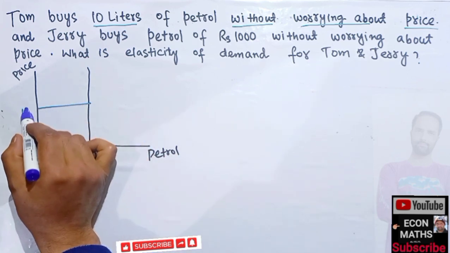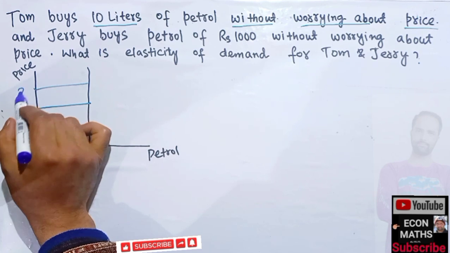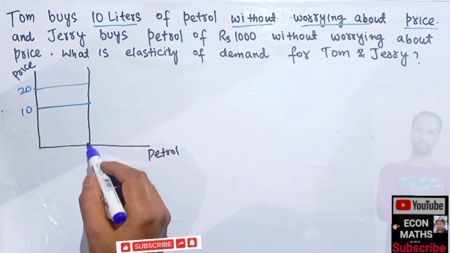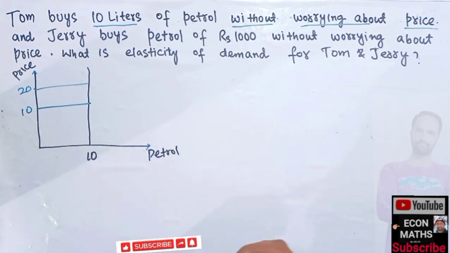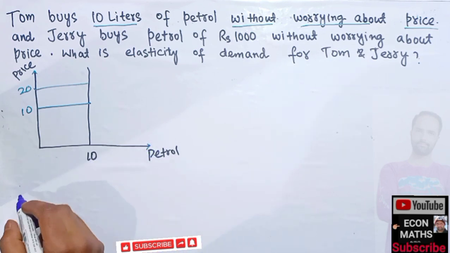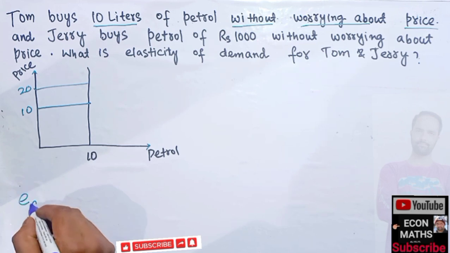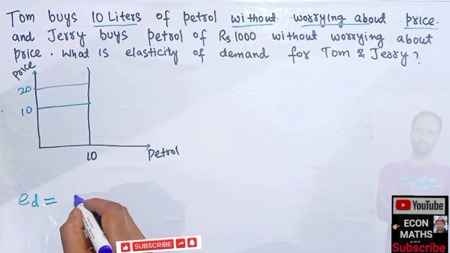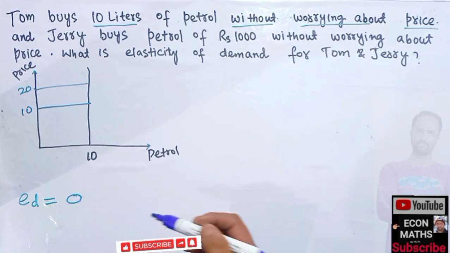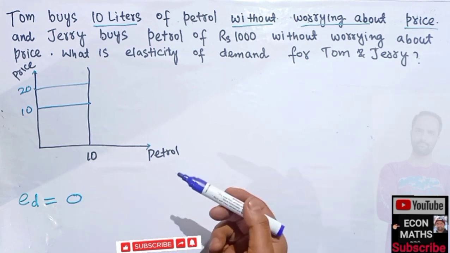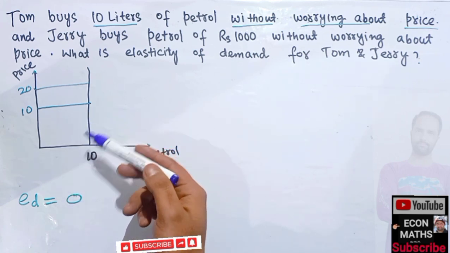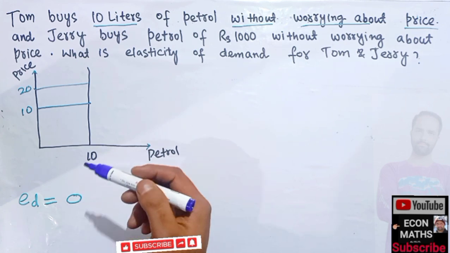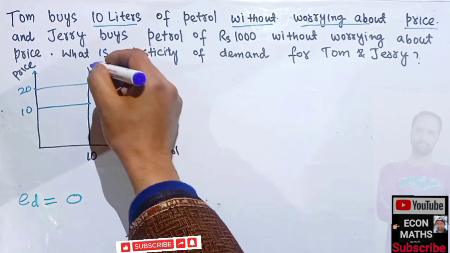Let us say price is 10, here price is 20. Any change in price, if Tom buys the same amount of petrol, in this case we can say elasticity of demand for Tom is equal to 0.